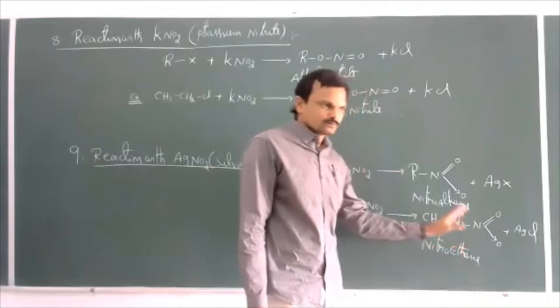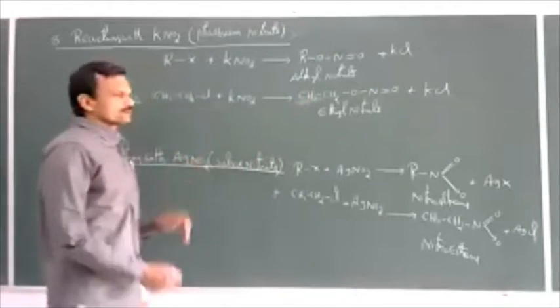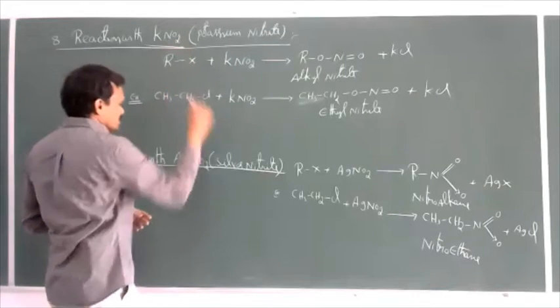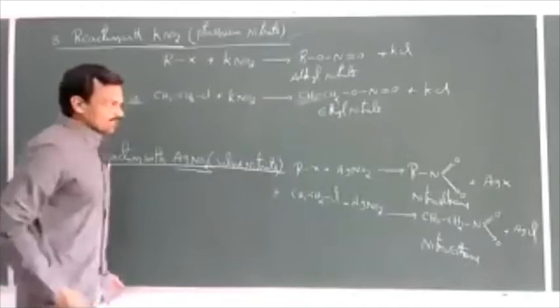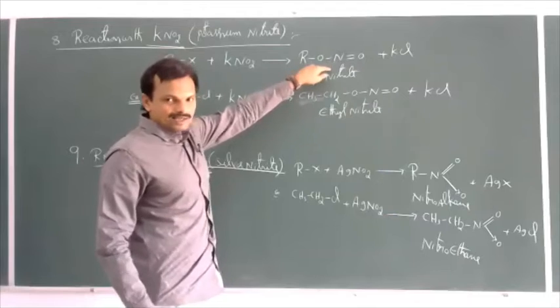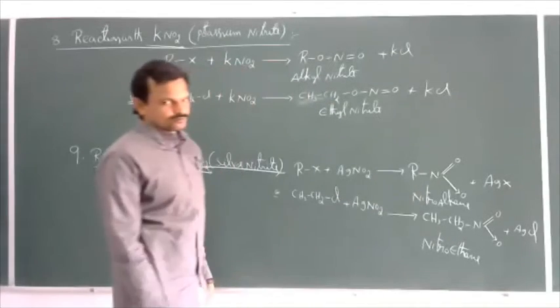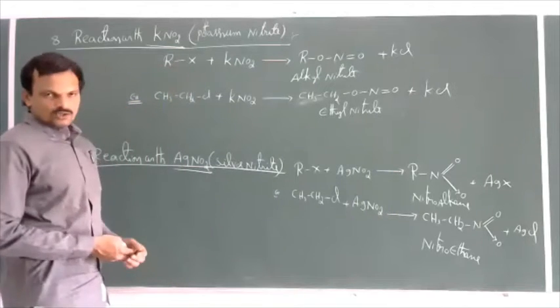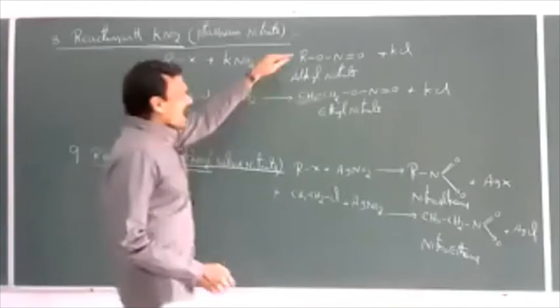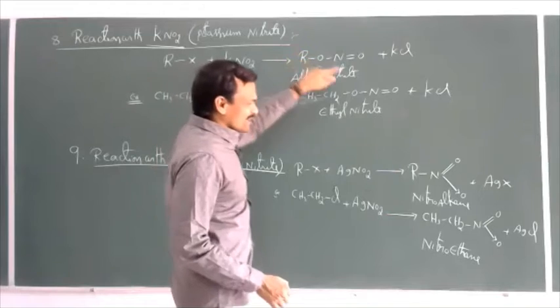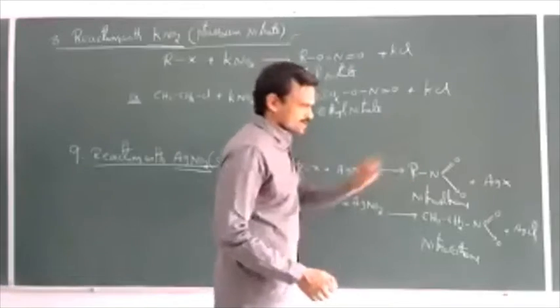What is the difference between these two? See, this is also a nitrite salt, this is also a nitrite salt. But here we got alkyl nitrite as the product, whereas here we got nitroalkane as the product. What is the difference between these two? See, alkyl nitrite and nitroalkane are both functional isomers.